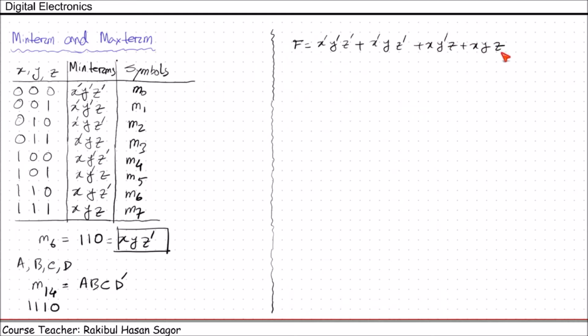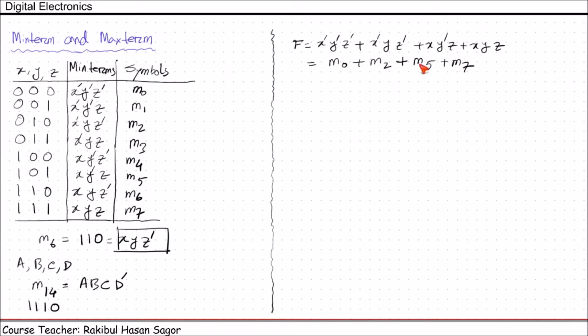You can write x prime y prime z prime, meaning 0 0 0, as minterm m0, plus 0 1 0, which has decimal value 2, so I can directly write m2. In this way we can write m5 plus m7.